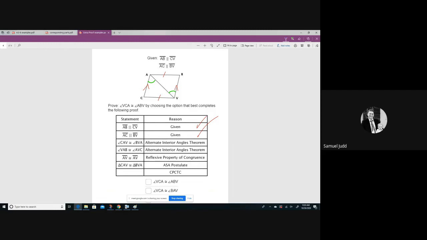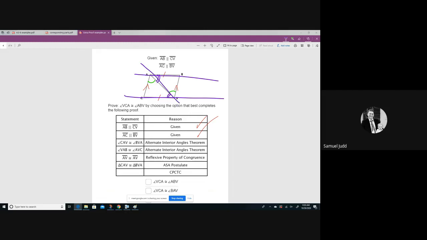We are told that VAB is congruent to AVC by alternate interior angles, which would mean that these would need to be parallel, but I have them marked congruent.